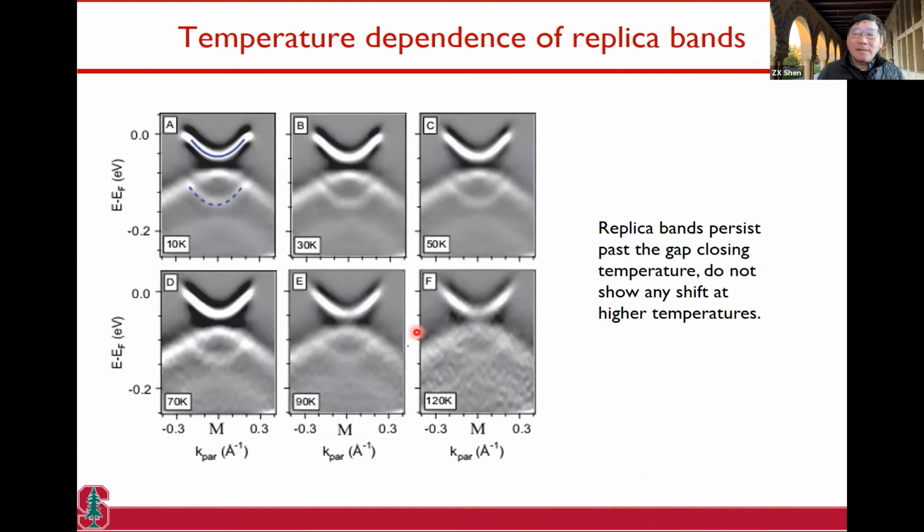Here you see the temperature dependence at 10 Kelvin, 30 Kelvin, 50 Kelvin, 70, 90, and 120. You don't see any change. This certainly is not related to the superconducting transition. 90 Kelvin is clearly above that. So what is it?